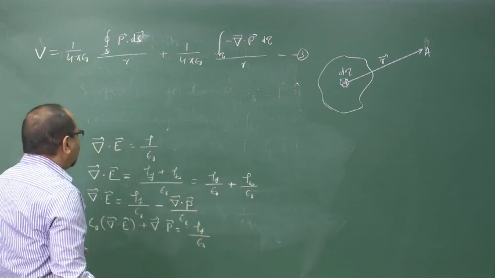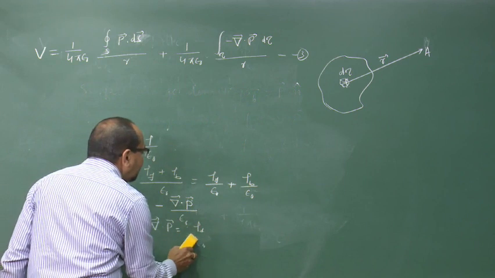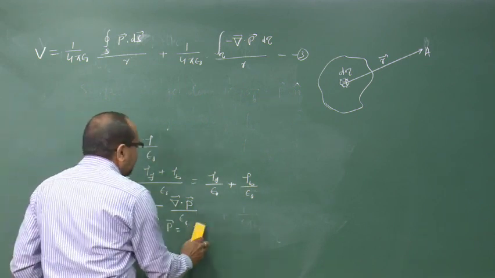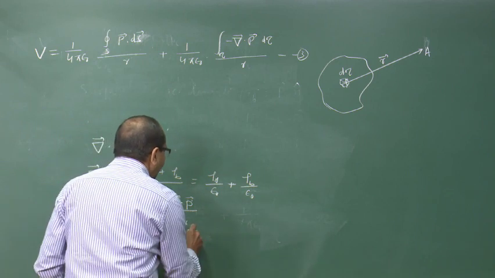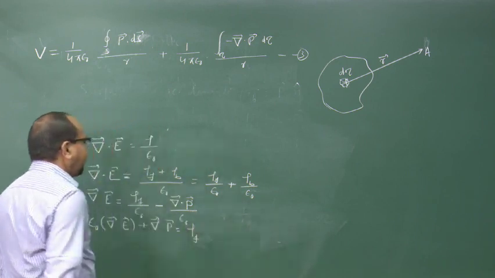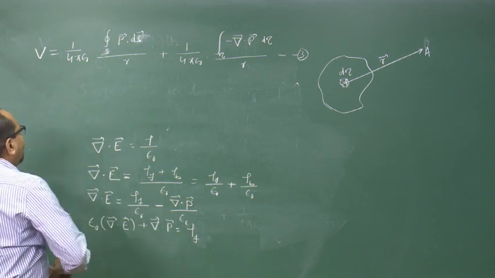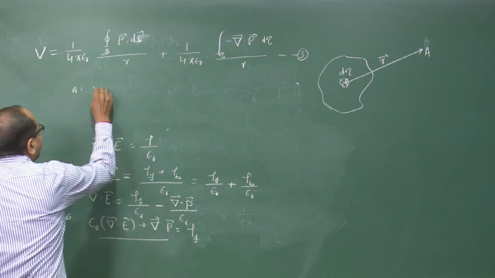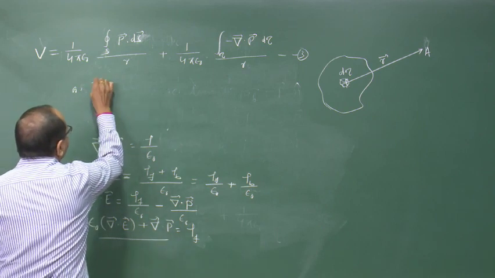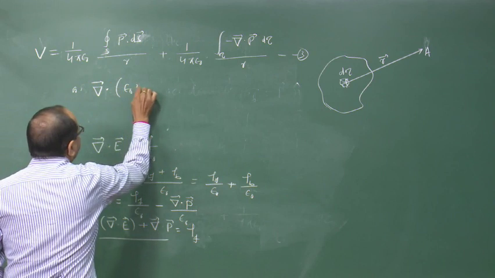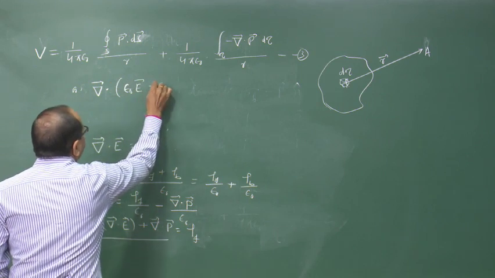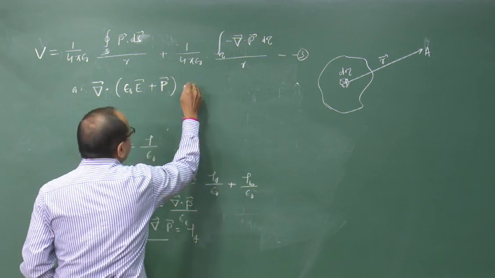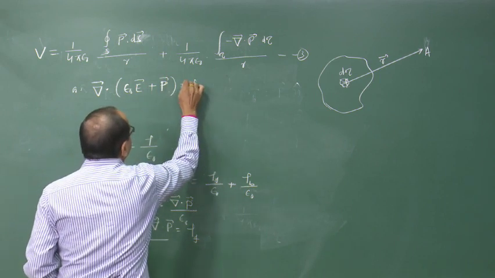Here there should not be epsilon naught on the right side, because we have multiplied epsilon naught to each term. So, this should be only rho f. Or in these two terms we can take divergence of epsilon naught E plus P is equal to rho f.